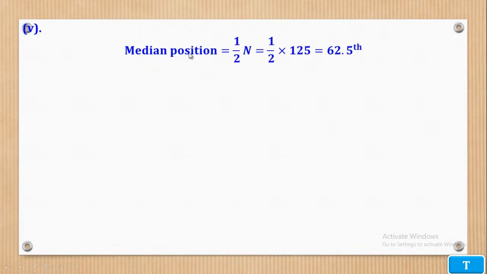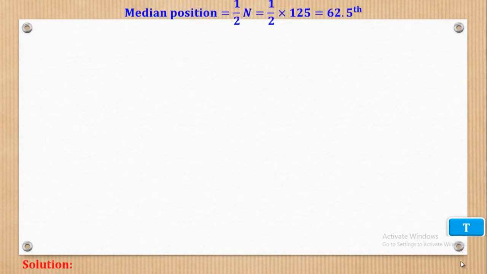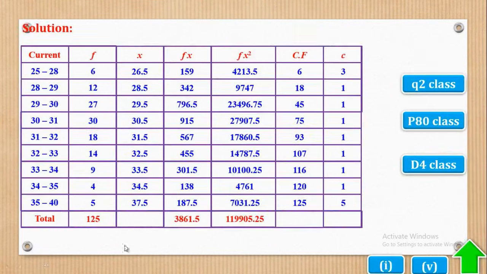So the median class or median position is a half n, which is 62.5. So that means that we shall go to our CF column and look for 62.5. So 62.5 lies here because 62.5 is bigger than 45. That means that it is enclosed in 75.